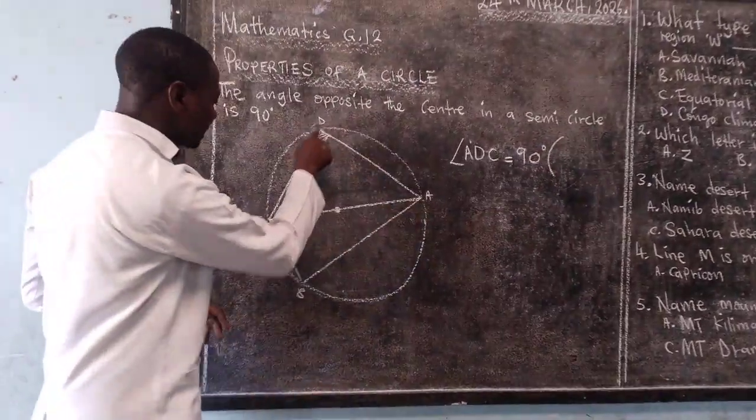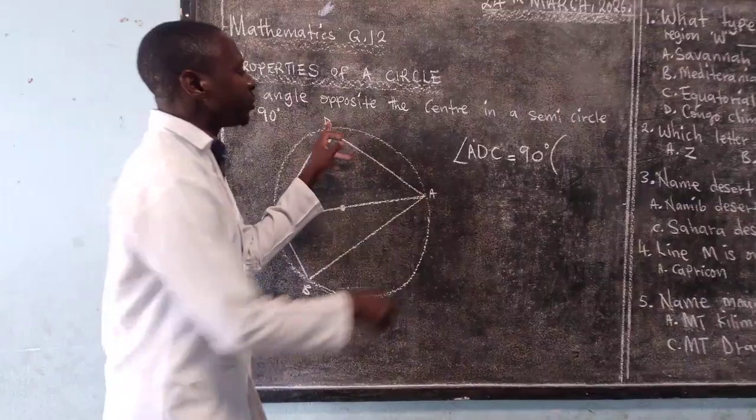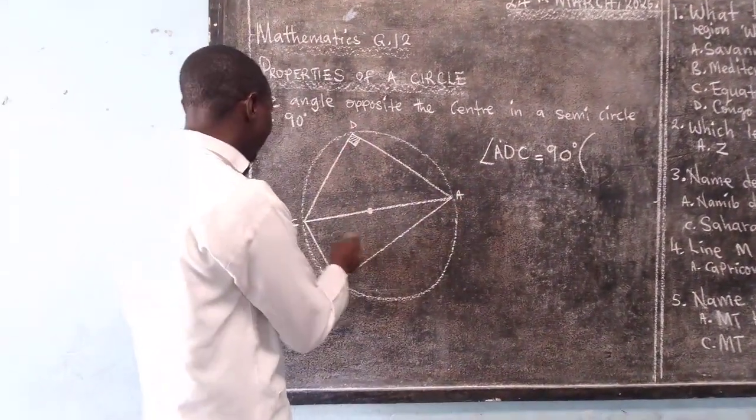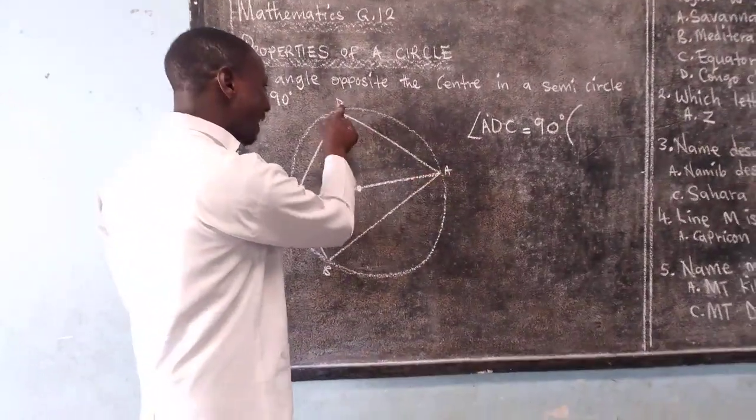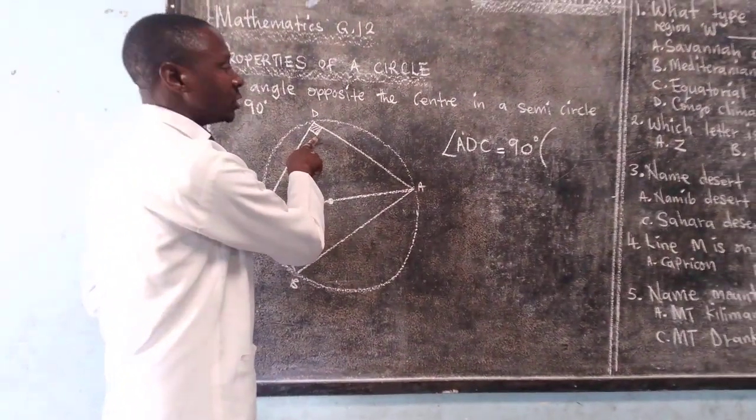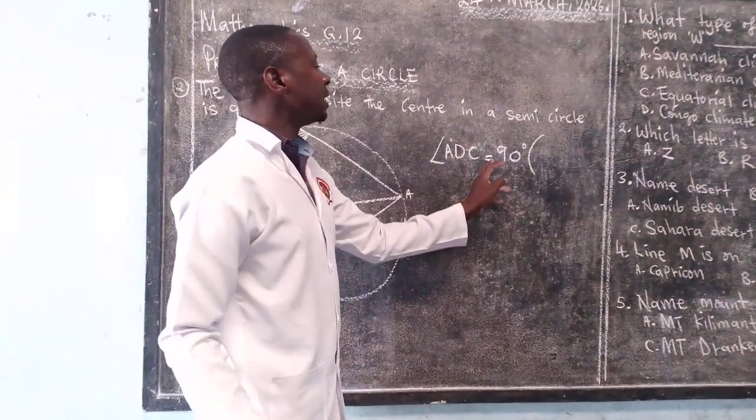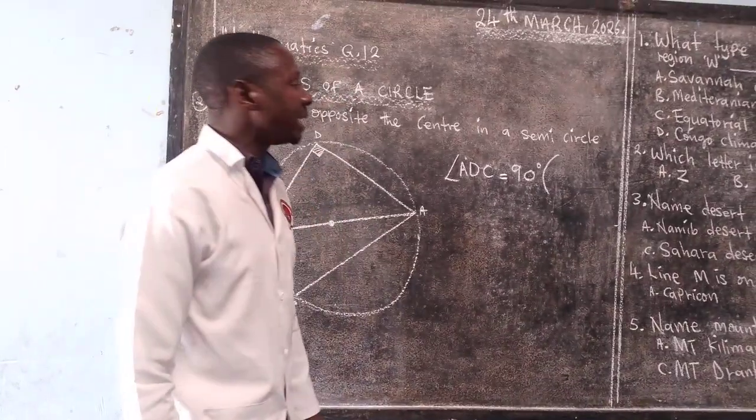Angle ADC is equal to 90 degrees. The letter which is between A and C is where the 90 degrees is. So angle ADC is equal to 90 degrees. Why?